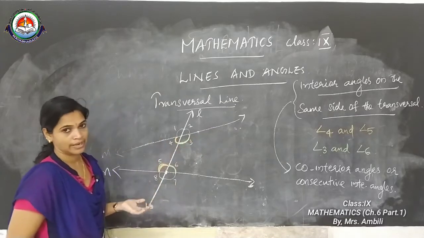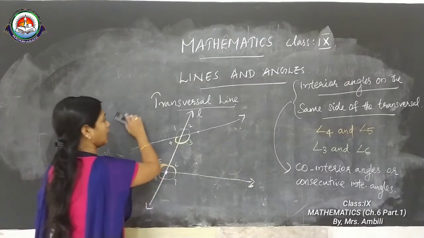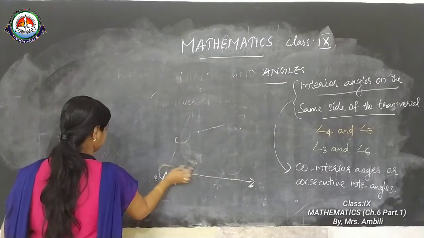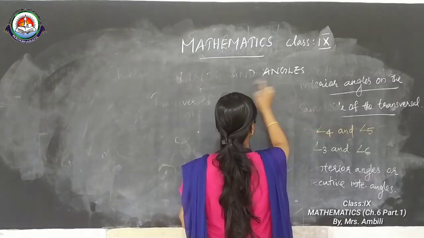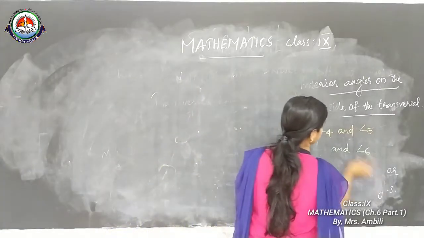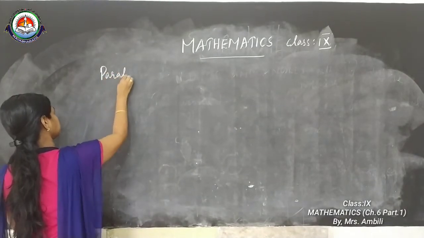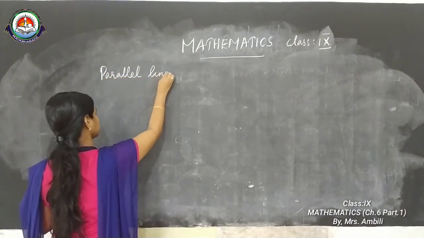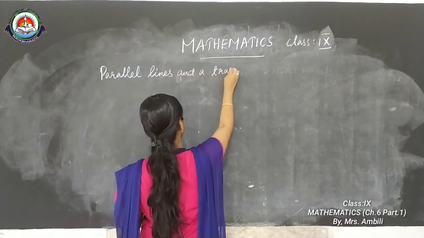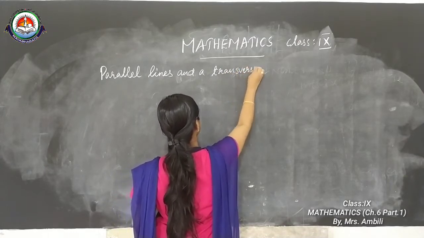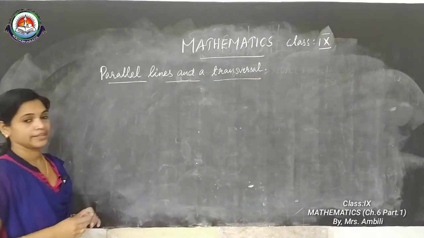Here we have drawn any two lines. So, if these M and N are parallel lines, what will happen? That we are going to discuss. Parallel lines and a transversal.